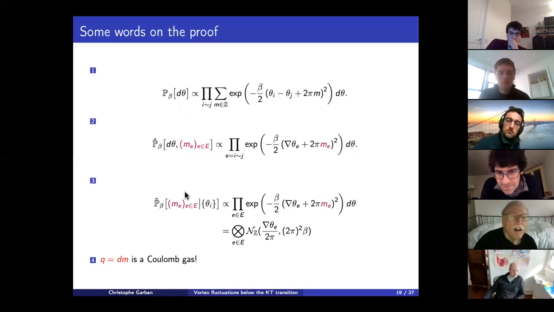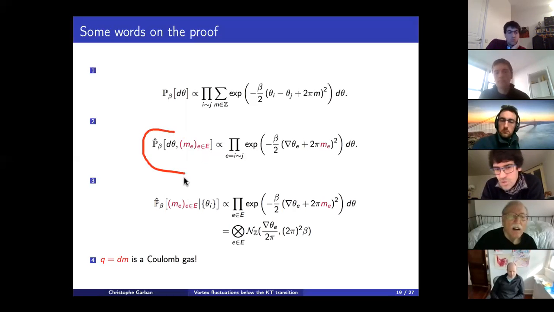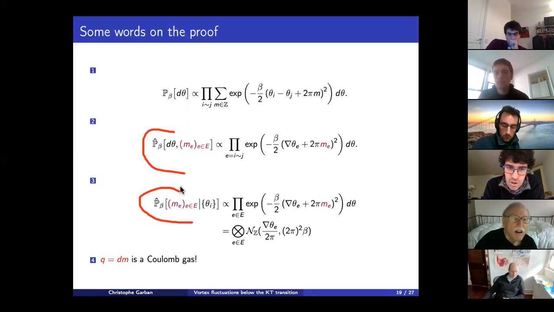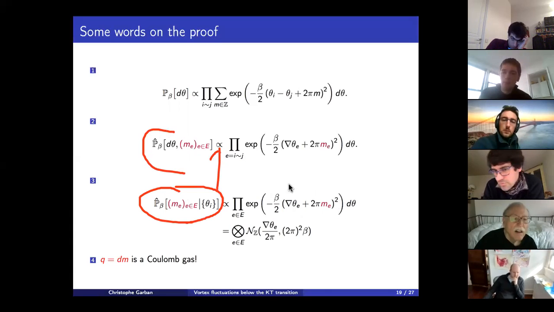And the next observation is the following, and I will give a picture after. Now when you view things this way, you can ask yourself, what is the law of this random one form m given the values of the angles theta? And this conditional probability measure, due to this product structure here, is still going to be a product measure.